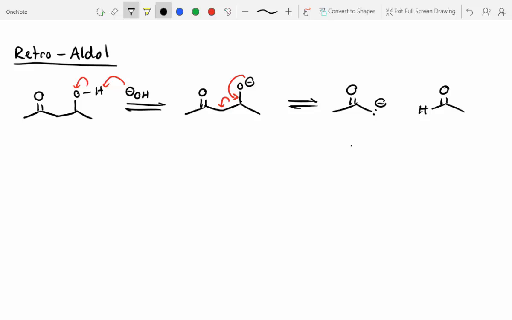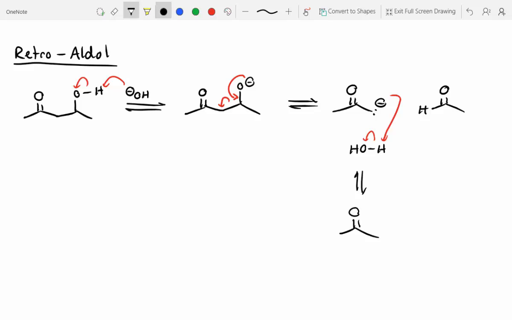And then last but not least, we've got water around. This enolate will take a proton from water, and you'll go back to your ketone. Like we said before, the ketone really prefers to go in the reverse direction.